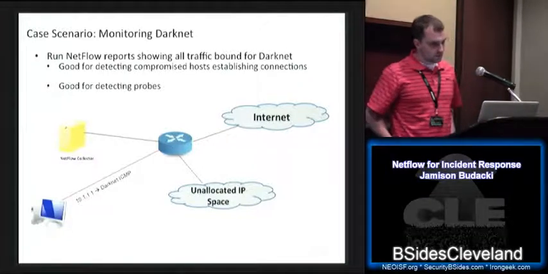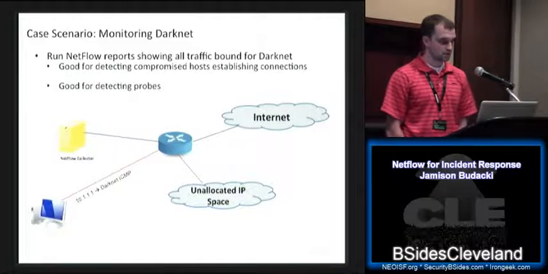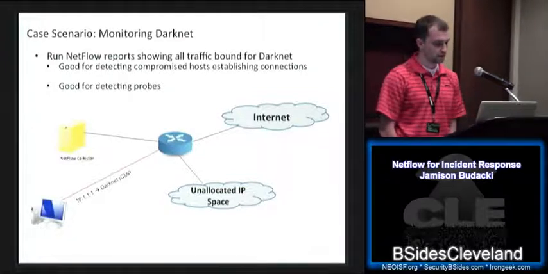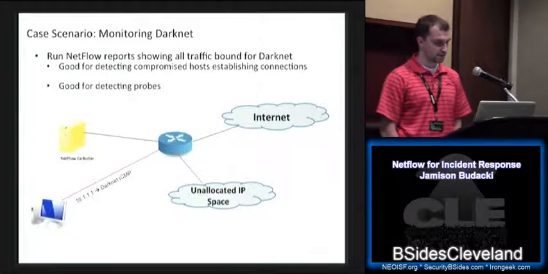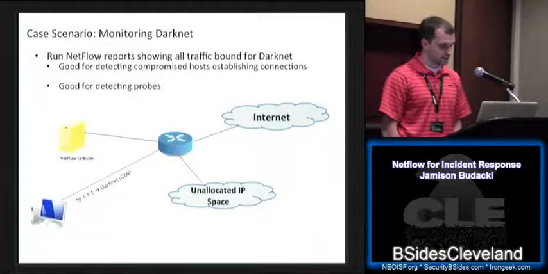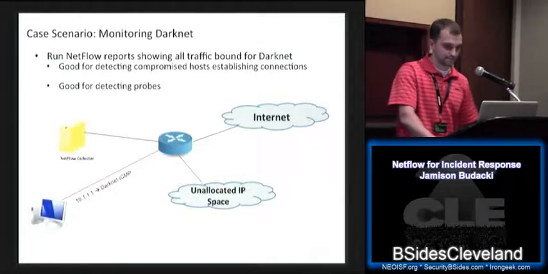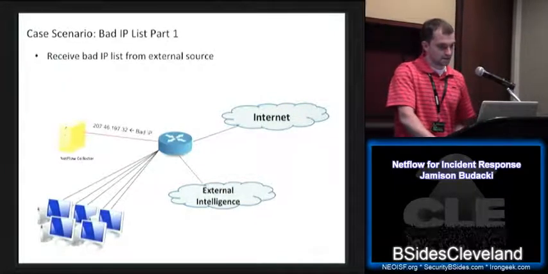Monitoring a darknet. Assuming your organization has a darknet of unallocated IPs set up, you can run a query for all connections communicating to your darknet. In this example, there's a host communicating over ICMP. This is great for detecting probes on your network, and it's a really easy way if you have a darknet set up. Bad IP list.